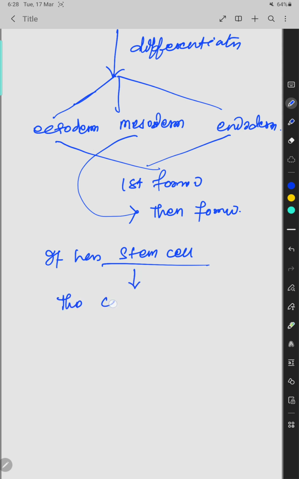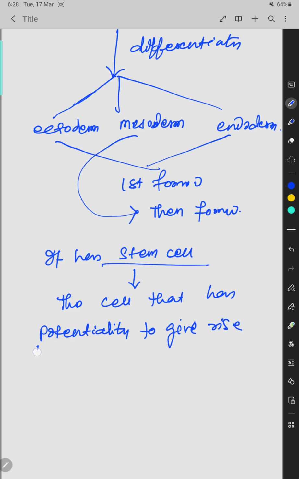The cell that has potentiality to give rise to all types of tissues and organs.